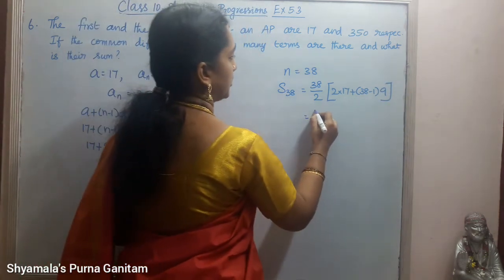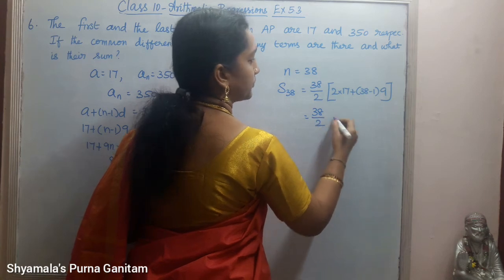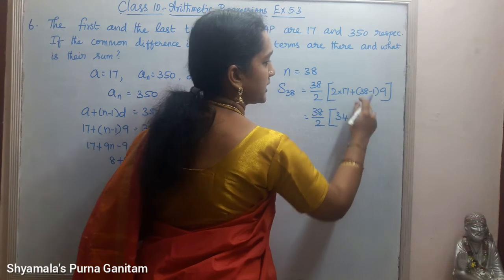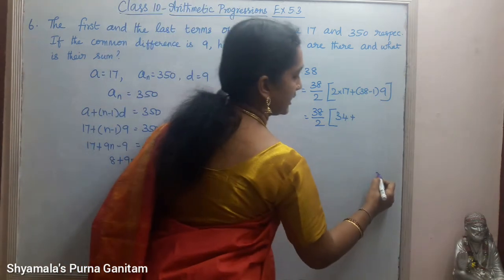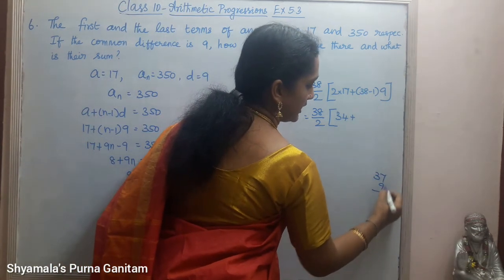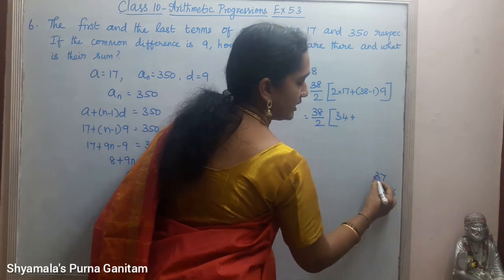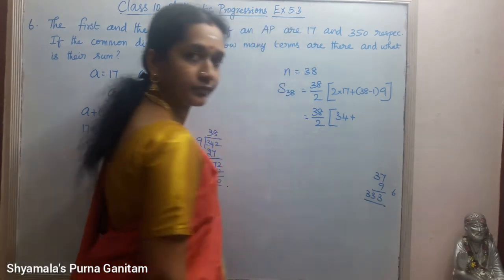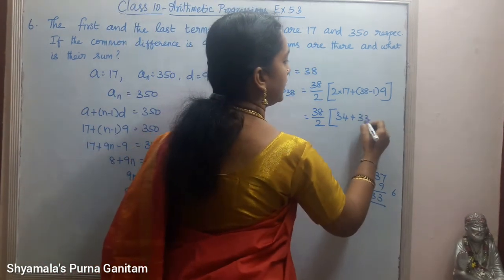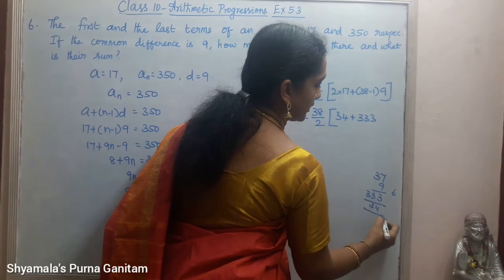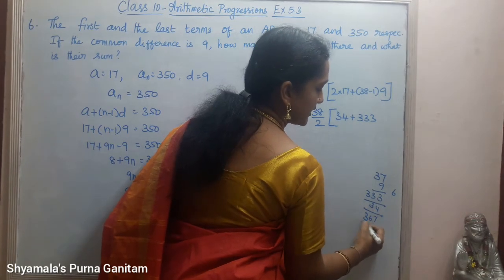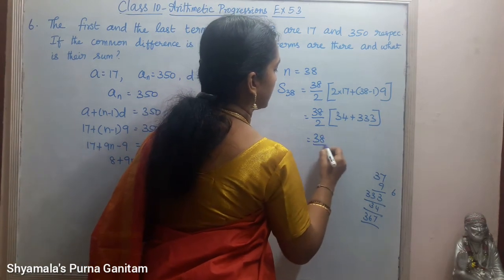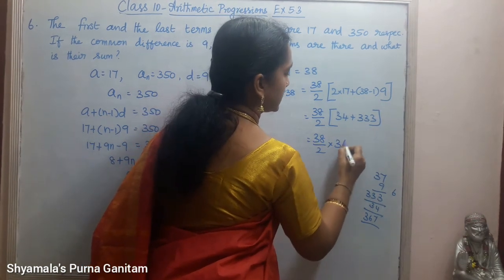Okay, so this is equal to 38 by 2 into (7 2s are 14, 34 plus 38 minus 1 is 37 into 9). 9 7s are 63, 9 3s are 27, 27 plus 6 is 33, so 333. 333 plus 34 will be 367.